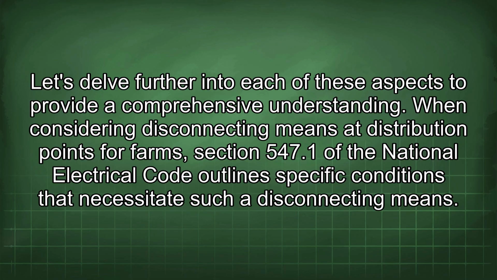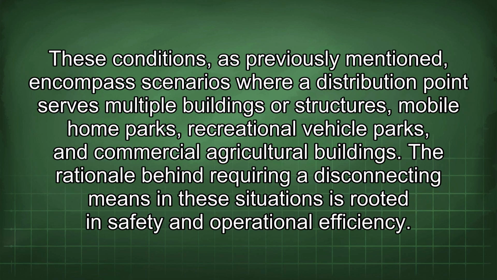When considering disconnecting means at distribution points for farms, section 547.1 of the National Electrical Code outlines specific conditions that necessitate such a disconnecting means. These conditions, as previously mentioned, encompass scenarios where a distribution point serves multiple buildings or structures, mobile home parks, recreational vehicle parks, and commercial agricultural buildings.